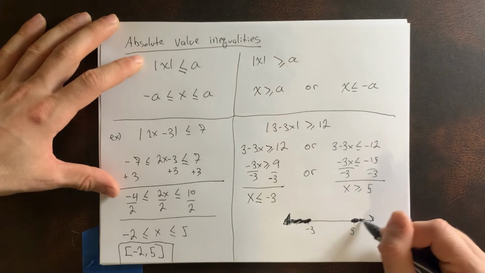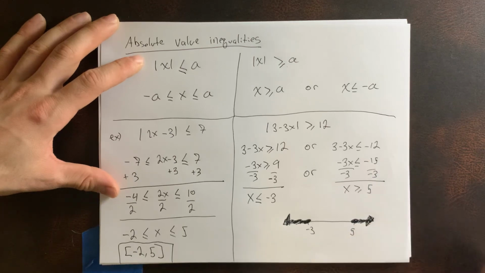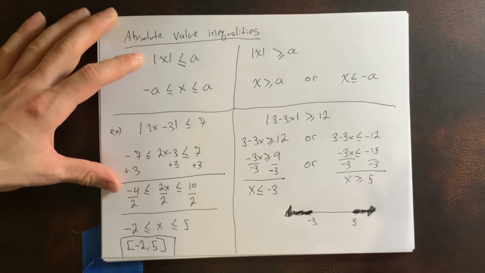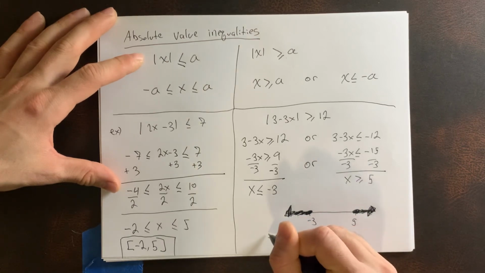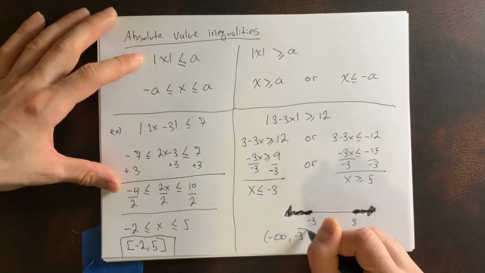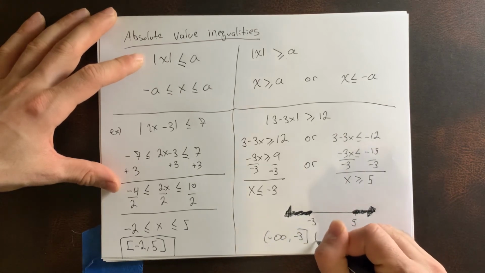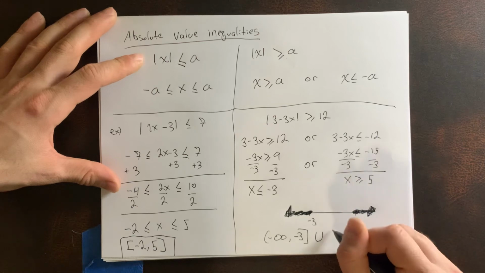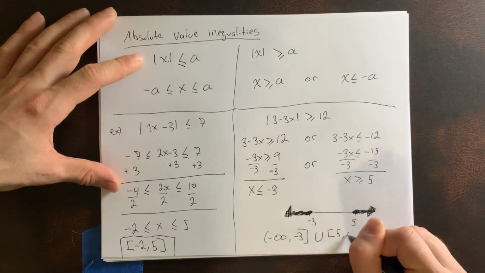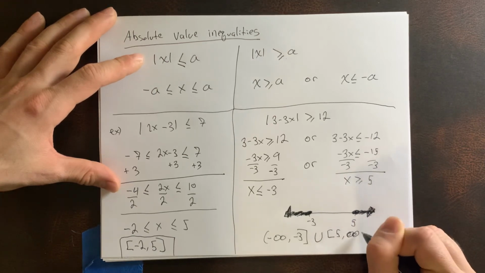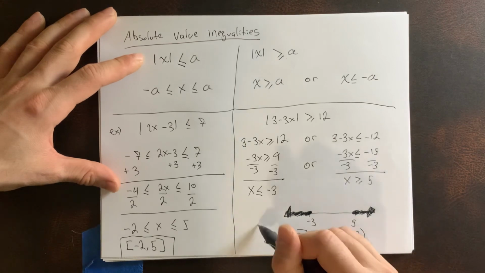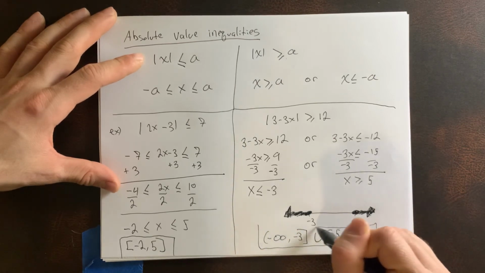Bigger than means we go to the right. So this is our shaded section. And if we're going to put this into an interval, this means minus infinity up to minus 3. Minus 3 with a bracket because it has a closed dot, and infinity always has a parenthesis. Union 5 all the way up to infinity. And this would be the answer for this one.